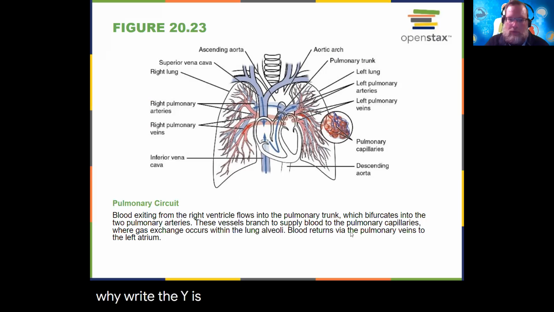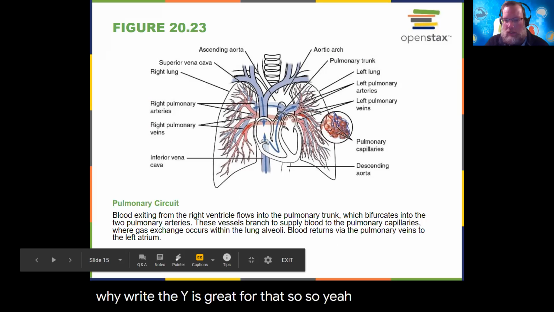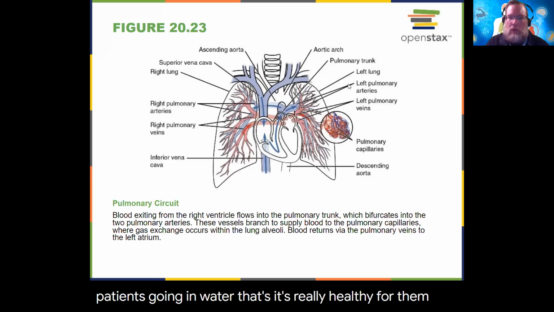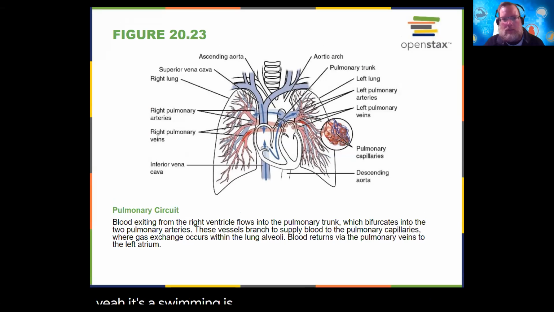The Y is great for that. So get your patients going in water. It's really healthy for them. So swimming is awesome. If you can do it yourselves or get your patients to do it, then that's good for them.